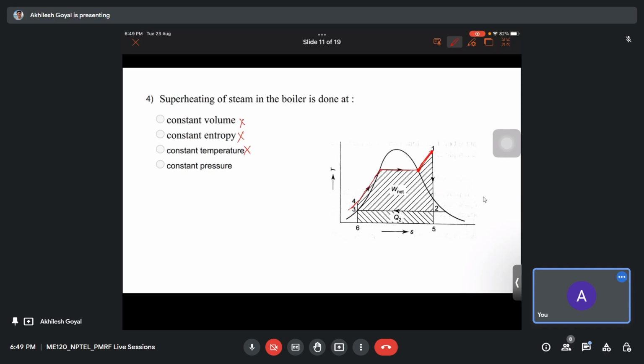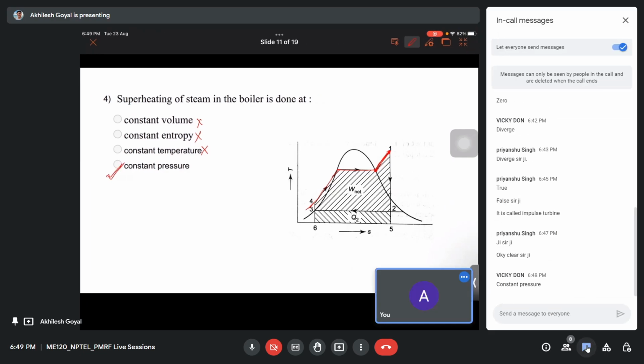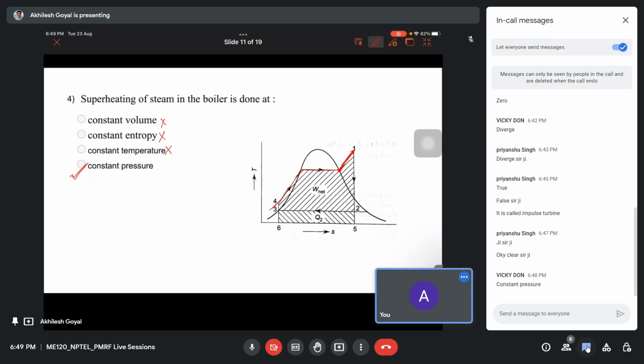So this red line is the constant pressure line, and the superheating of steam in the boiler happens at constant pressure, but temperature doesn't remain constant, the temperature also increases. So the constant pressure, option 4, is right. Any doubt? Okay.